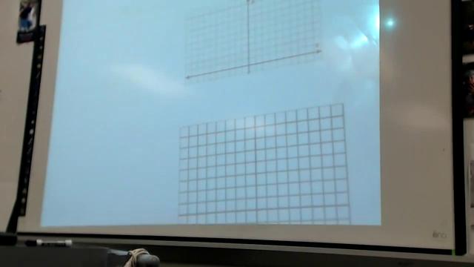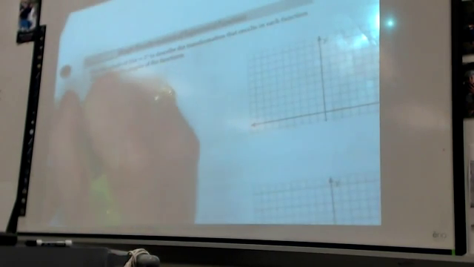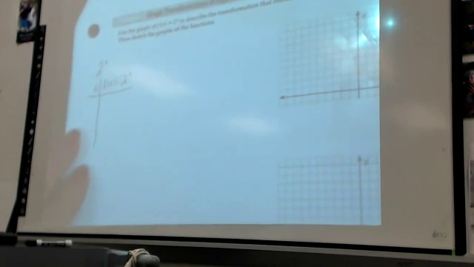Okay? So 2 to the x, and we're not going to count by 2's on this. You can put this in the calculator if you want to, or we can just do it by hand.